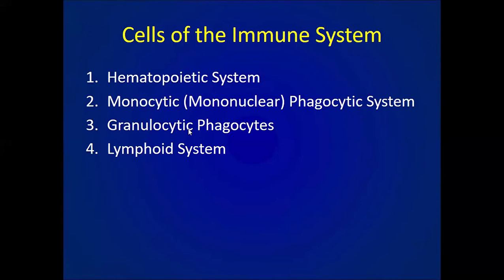Okay, now let's go to the cells of the immune system. So the cells of the immune system usually are derived from the hematopoietic system, meaning from the bone marrow itself. Then the monocytic or the mononuclear phagocytic system, then the granulocytic phagocytes and the lymphoid system. So this includes already the different tissues or organs that are identified as GALT.